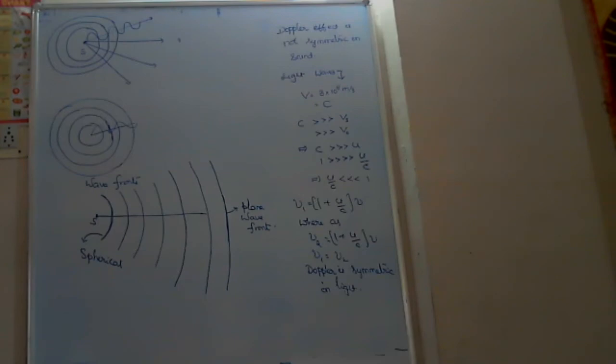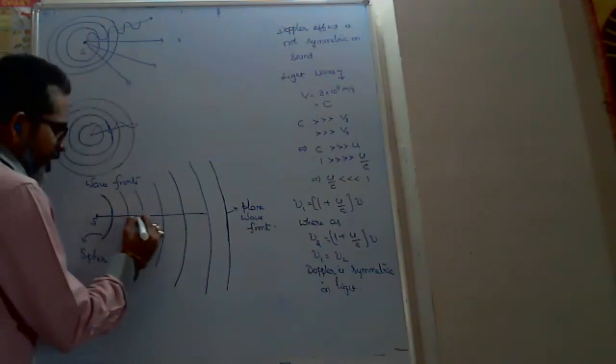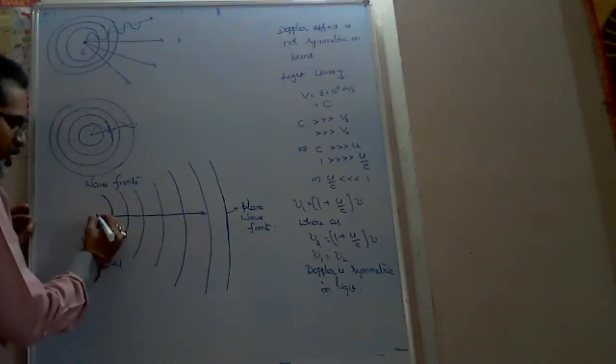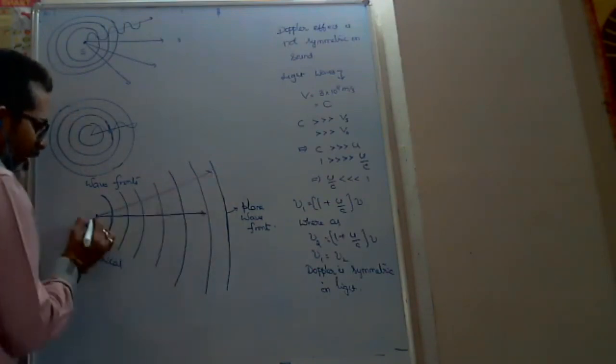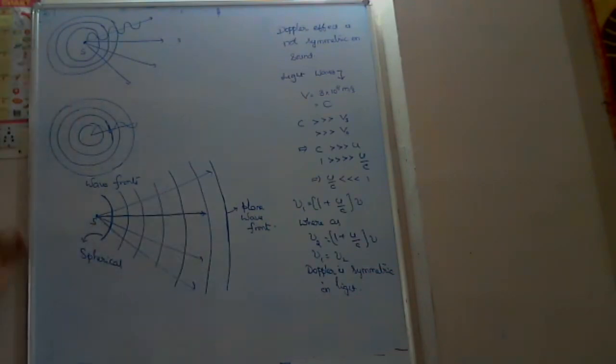This is the story now. Look, the wave is traveling along the radius of the sphere. The radius and the surface in a sphere, in mathematics, are always perpendicular to each other. Perpendicular.